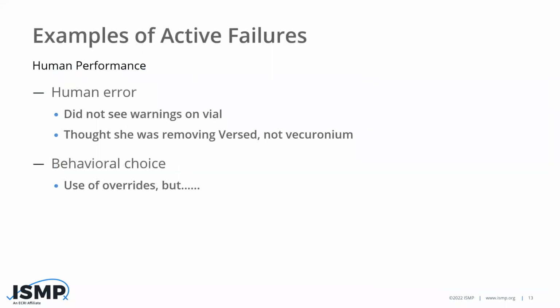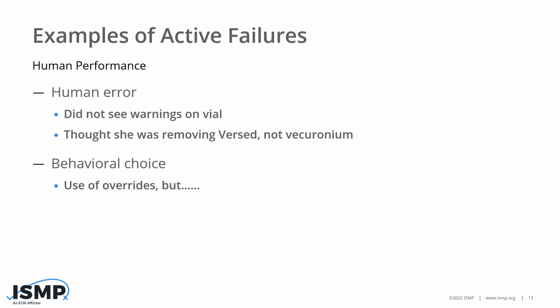So here is an example of an active failure, and the human error part of it. This nurse grabbed a paralyzing agent, a neuromuscular blocker, and there are warnings on the vial that it is a paralyzing agent, on the cap and on the vial itself. But those warnings were not seen by the nurse, right? Think about the times you have grabbed things and just didn't see things on the label.